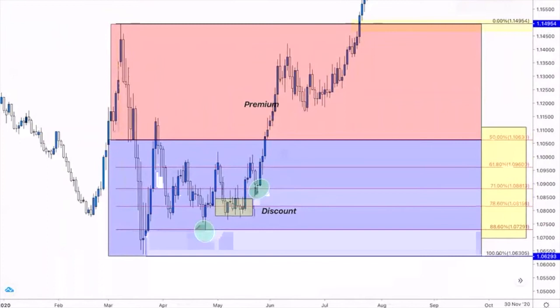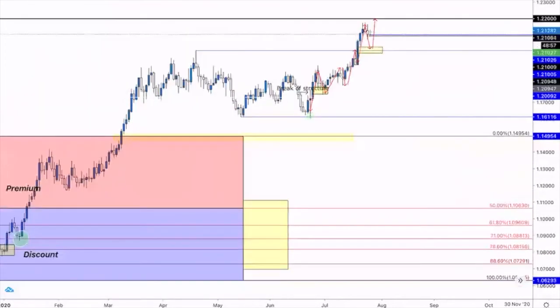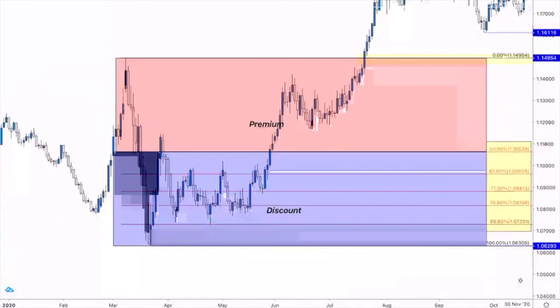The range is different because it's consolidating in this range. It's not trending, if that makes sense. You with me? Yeah. All right. So you got that.